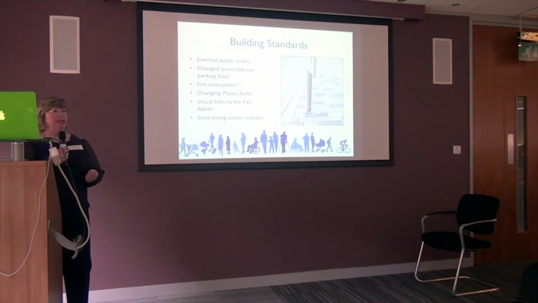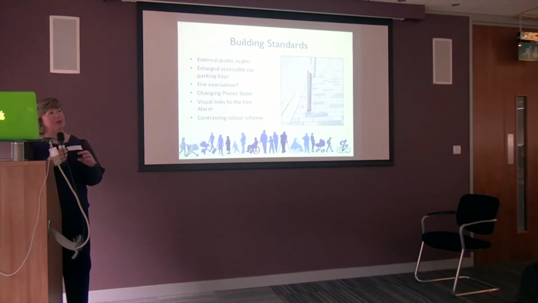Accessible car parking bays are a standard size, and they have hatching at either side and at the back. Two of my friends drive their vehicles while seated in their wheelchairs. So they need space at the back of the vehicle for the tailgate to come up and the ramp to come down. They don't have that safe area at the back of their vehicle, so you can actually feel quite vulnerable.